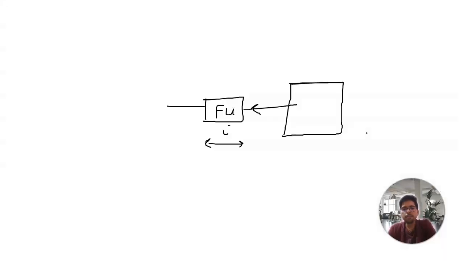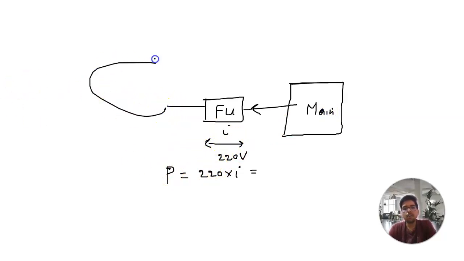Then simply, how much voltage across this? 220 volt. Since AC is coming at 220 volt, how much power across this? 220 multiplied by I. So this much power we are supplying through the mains. This is known as the mains. Clear? So this much power is consumed by all your appliances like fan, geyser, AC.